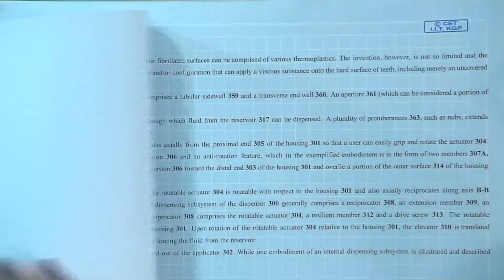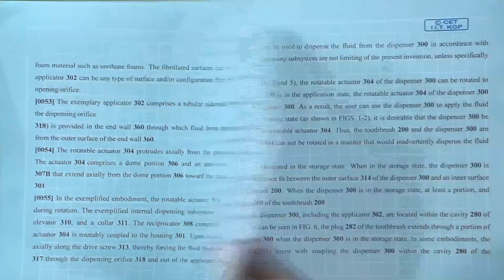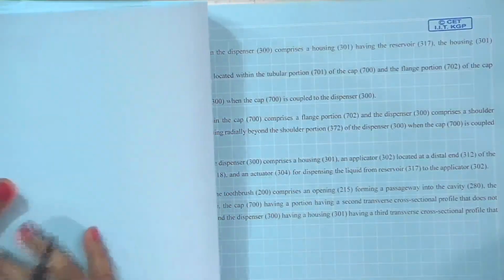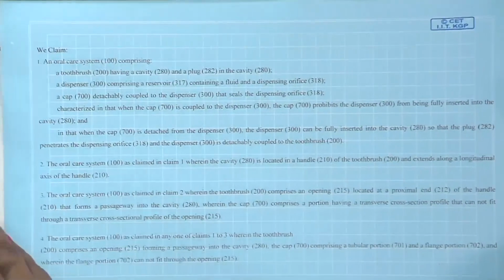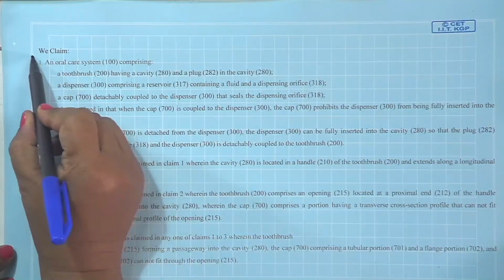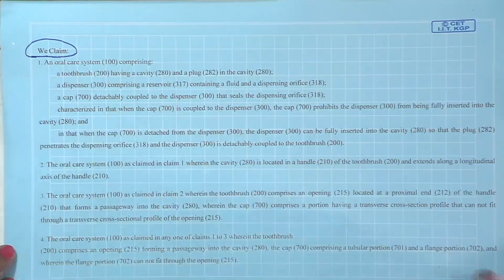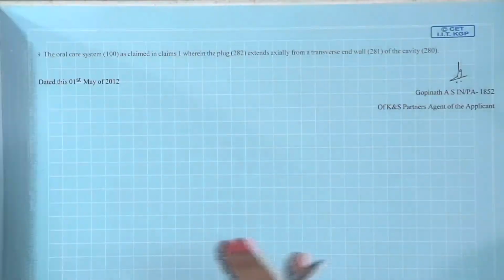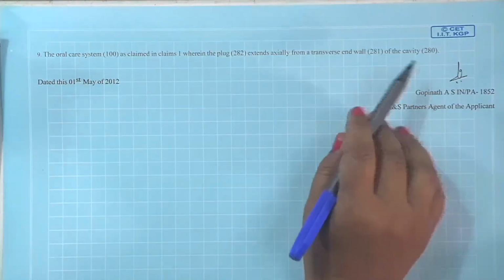The figures which are included in that document are covered completely, and at the last, when the description is completed, you can see the start as we claim, or it may be I claim, where the claim part of the invention actually starts, and then whatever the number of claims are there, these are written and the document is complete here.